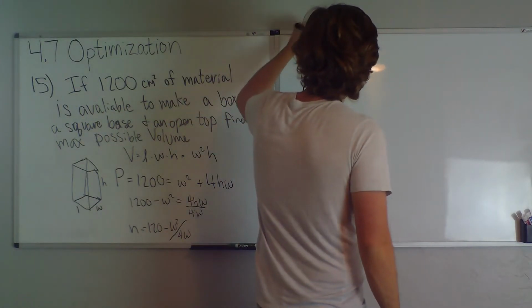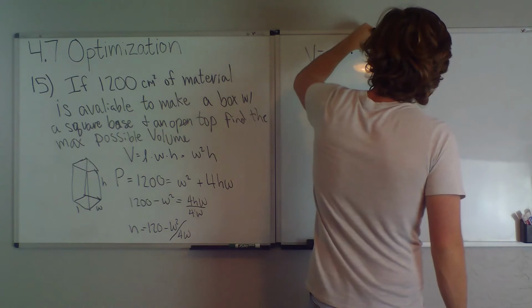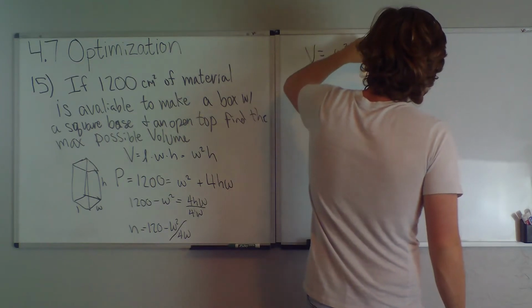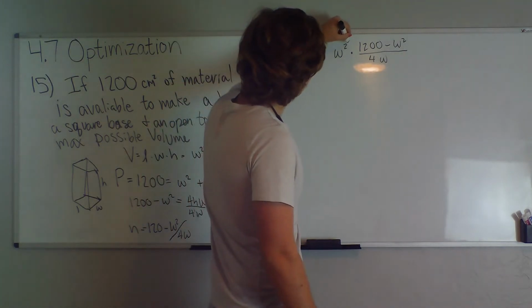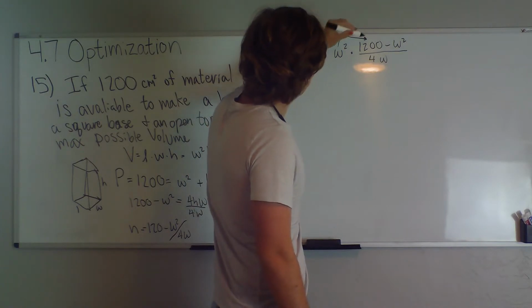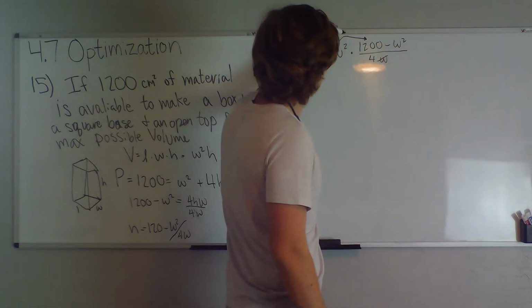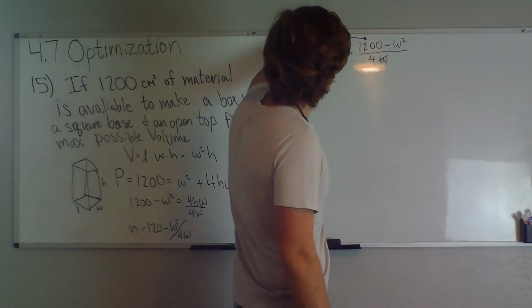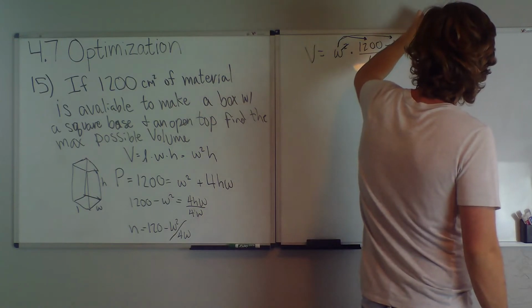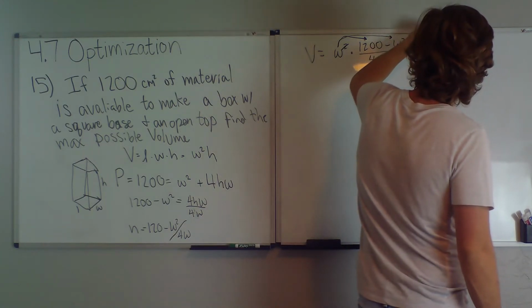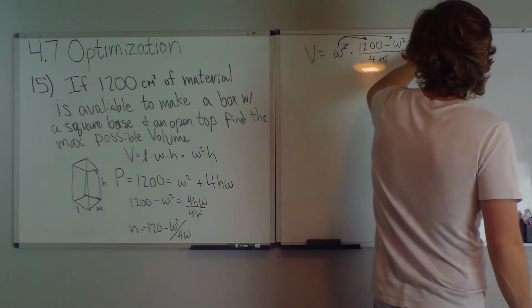Okay, so we have volume is equal to W squared times 1,200 minus W squared, all over 4W. And it's like, oh, that's going to be a gross derivative. Well, distribute this stuff out first. We get W squared times 1200, and we get rid of 1 W there, and then we send this W to each of them, and then this is equal to 1200W minus W cubed, all divided by 4.